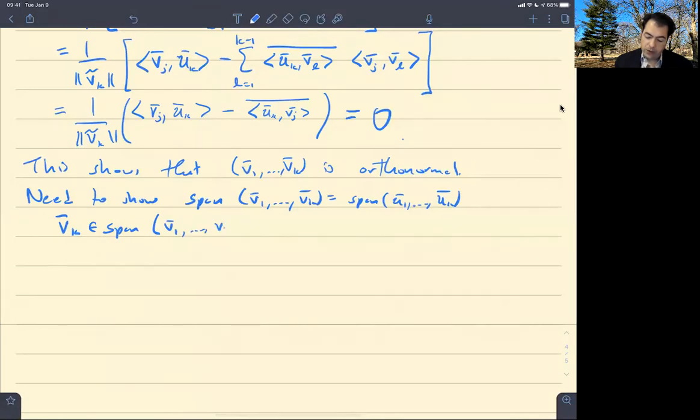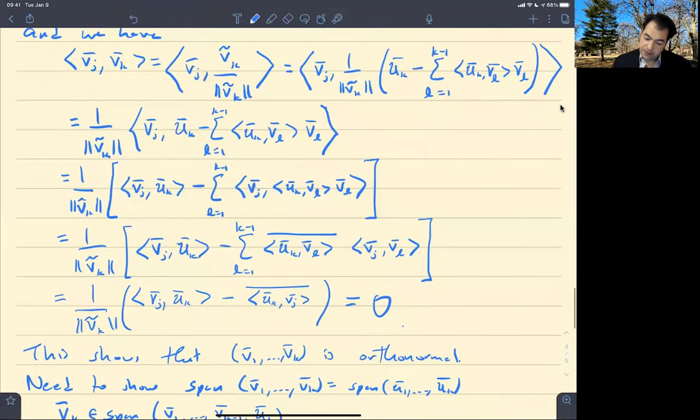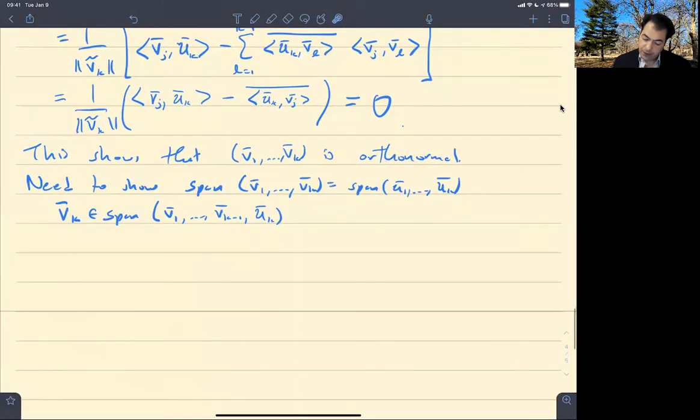So V1 through Vk minus 1 and Uk, right? How do we know that? Well, here is Vk, it's equal to this. So I have some scalars, and then the vectors that show up are Uk and Vl where l goes from 1 to k minus 1.